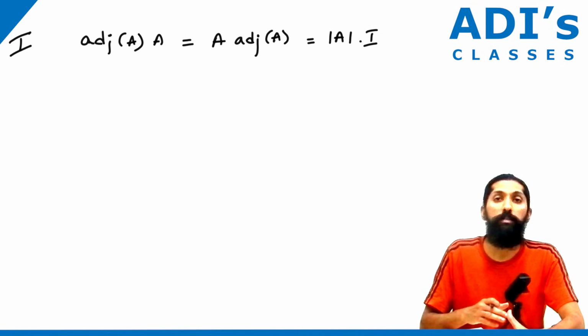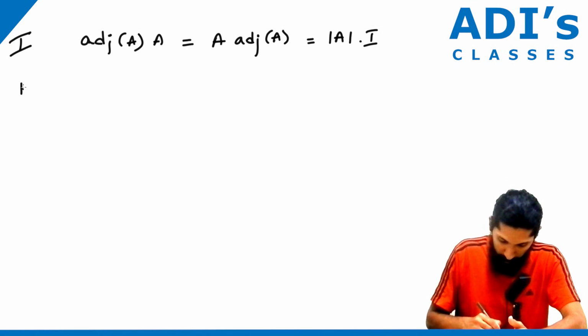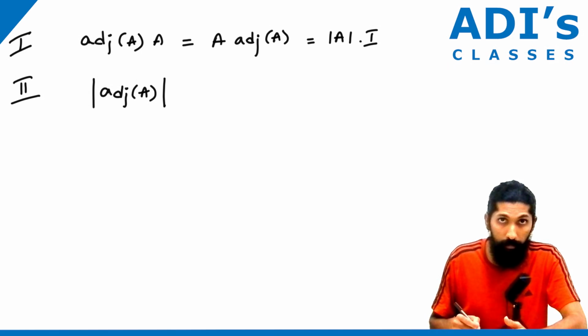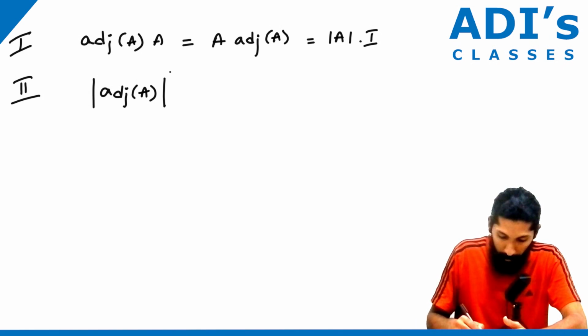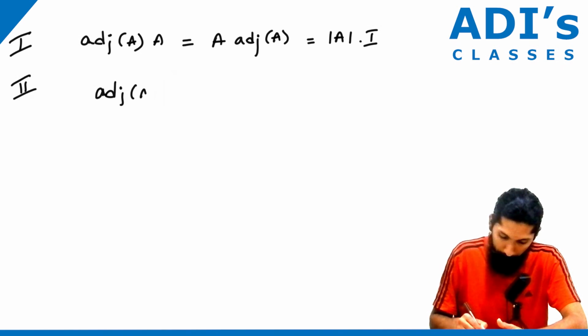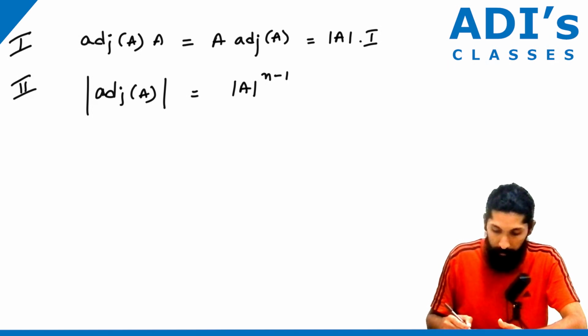The second property related to adjoint of a matrix: we have adjoint of A, and we take the determinant of adjoint of A. Then this becomes determinant of A power n minus 1.